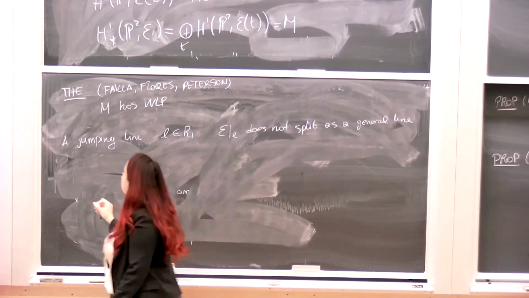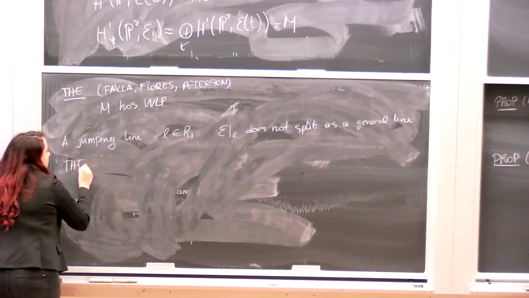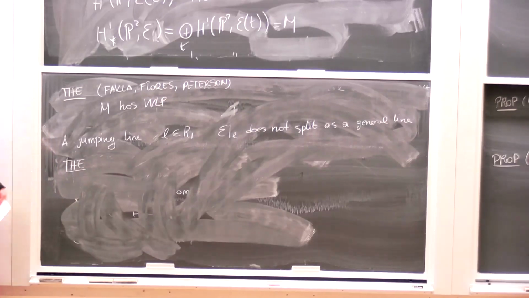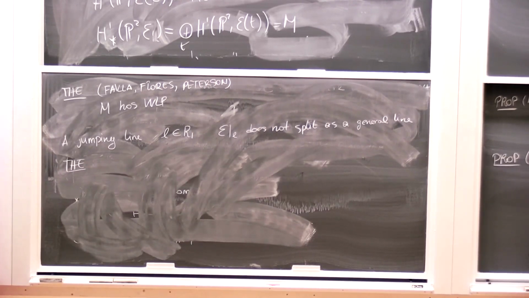And we know, and this is a theorem, how a general line splits on a rank 2 vector bundle, using the Grauert-Mülich theorem, and for the unstable ones, using the work of Failla, Florence, and Peterson.